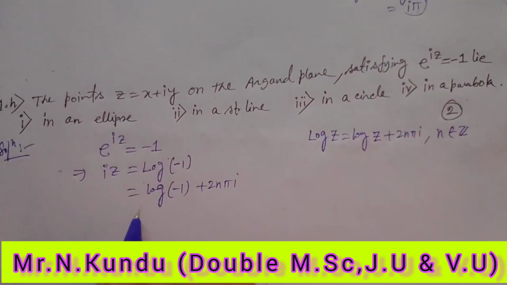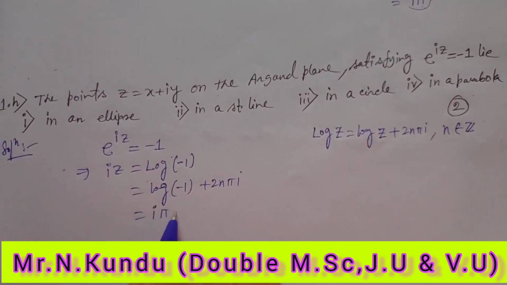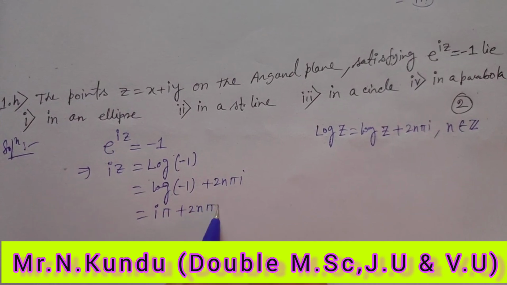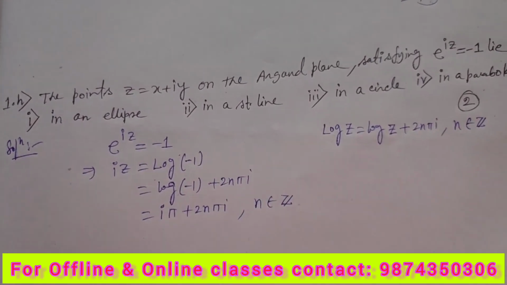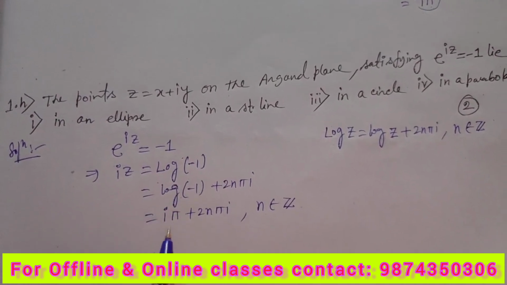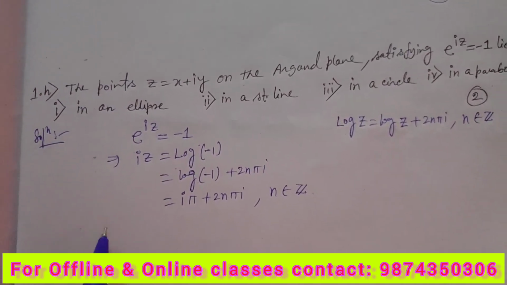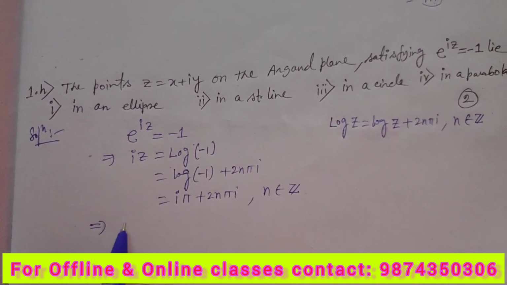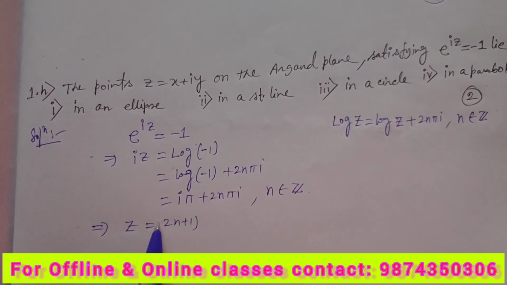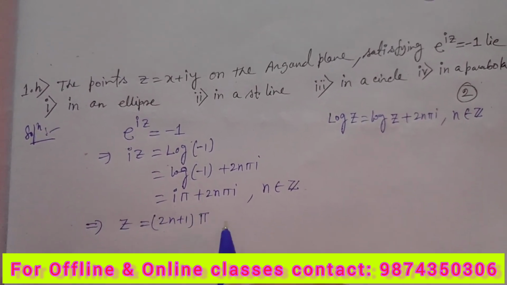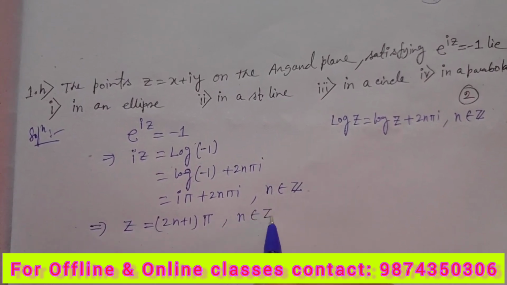So this is equal to i pi plus 2n pi i, where n is an integer. So this implies z equals (2n plus 1) times pi, where n is any integer.